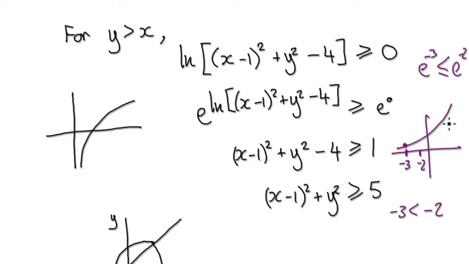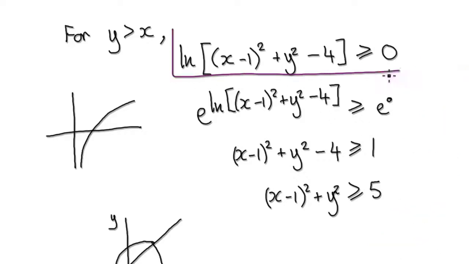So when it comes to inequalities, you can exponentiate both sides with base e. If you look at, let's say, 2 and 3, we know that 2 is less than 3. E to the power of 2 will definitely be less than or equal to e to the power of 3. So even though it's an inequality, you can actually exponentiate both sides with base e.